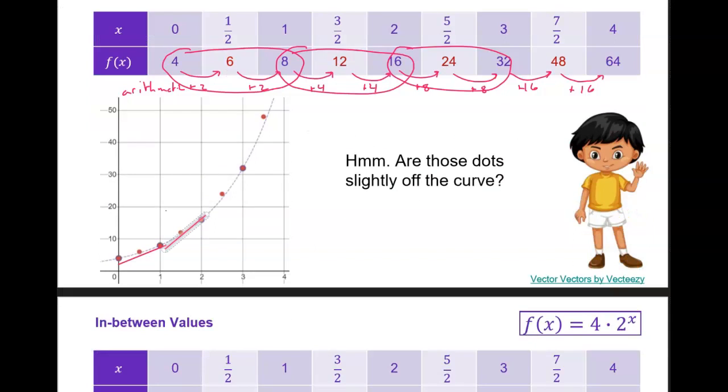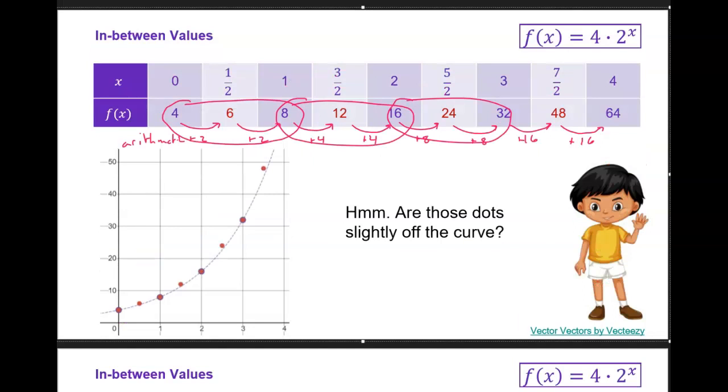Let's see if I could just draw these by hand. But we'll see. I can't really draw straight lines. There you go. So straightish lines. Those are what we actually graphed. We graphed the point in between, in the middle of this straight line between those two dots, rather than the point that was actually on the curve.